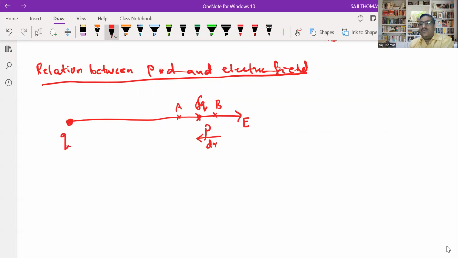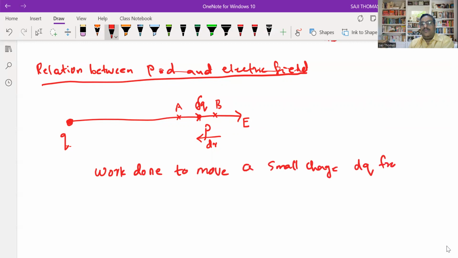Now you can calculate the work done for this. Work done to move a small charge dq from B to A, or we consider work done to move the charge dq through a small distance, dr. You know the equation for work done.